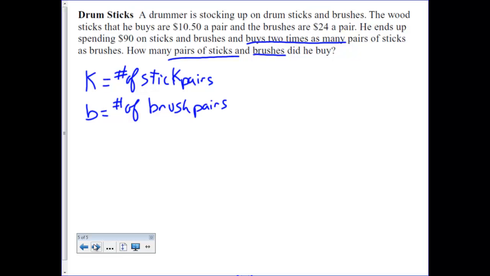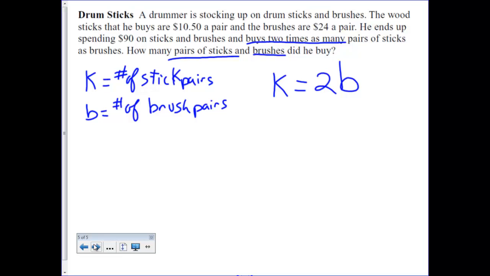Anywhere I see a k and a b, it stands for the number of pairs of sticks and the number of pairs of brushes. It does tell us that he buys 2 times as many pairs of sticks as brushes. So the number of sticks he buys, which is k, is going to equal 2 times the amount of brushes. So k equals 2b. So there's your first equation with the variables in it, k and b.